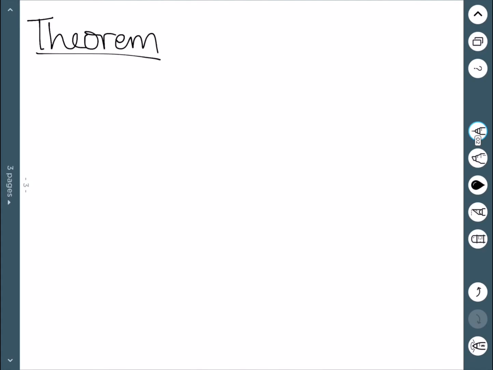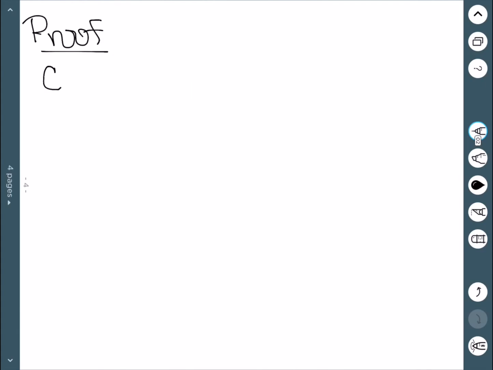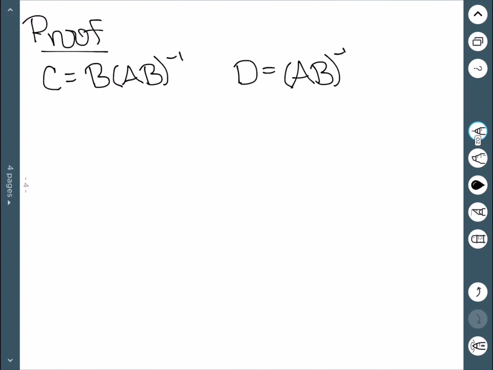Our next theorem. If we have two n by n matrices, and we know that their product is invertible, then each of our original matrices are also invertible. For this, we're going to start by letting C be equal to B times (AB) inverse, and we'll define D to be equal to (AB) inverse times A. In this case, A times C would be AB times (AB) inverse, which we know is the identity.